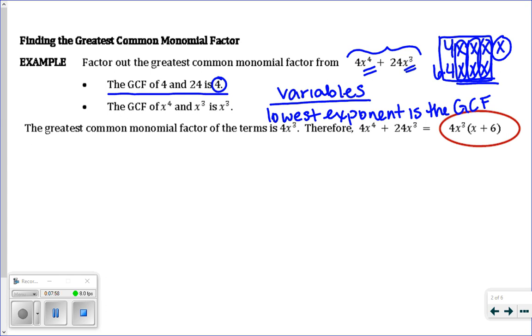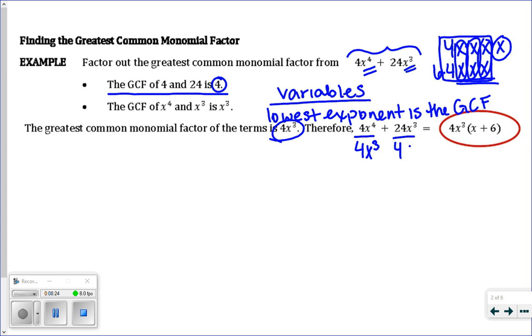Once you've decided that the GCF is going to be the 4 and the x to the third, then to rewrite it from this simplified form to the factored form, it really is like the reverse of the distributive property. Our GCF is 4x to the third.